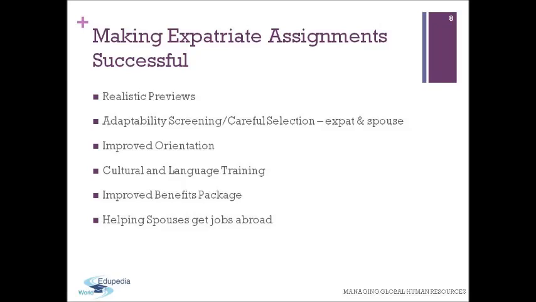Another is simply to shorten the length of the assignment, and person-job match is also important, insofar as expatriates who are more satisfied with their jobs are more likely to adapt to the foreign assignment. Helping spouses get jobs abroad and providing more support to the expat and his or her family are also important. So, some employers set up global buddy programs, where local managers mentor new expatriates.